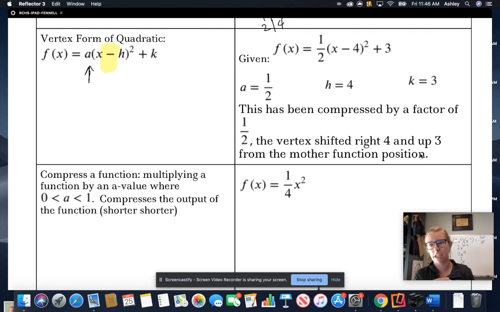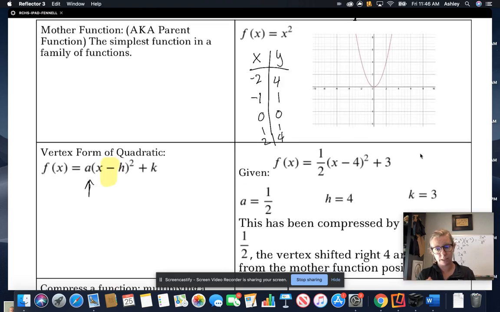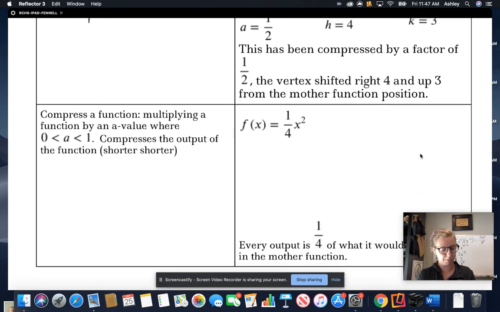So this has a positive h value of 4. k is on the outside and it is what it looks like, so this is a +3 k value. So we will shift right 4 and up 3. My new vertex would be at (4, 3) compared to the original mother function, which has a vertex at (0, 0). So that's how that function would be transformed.